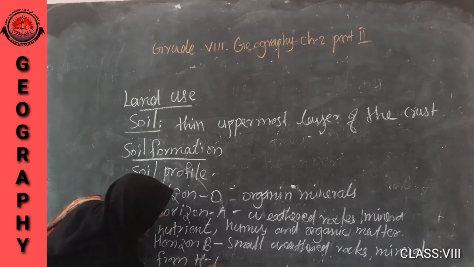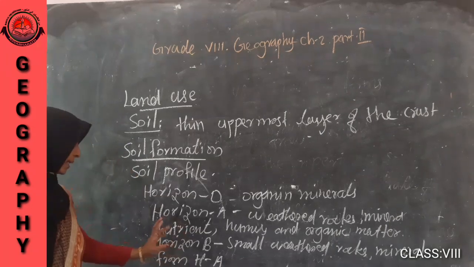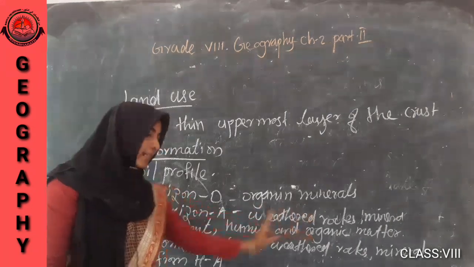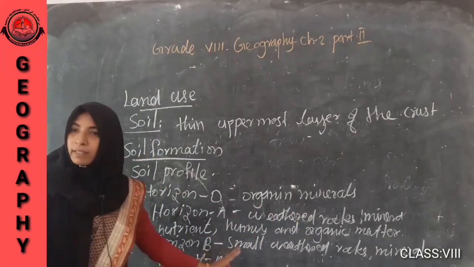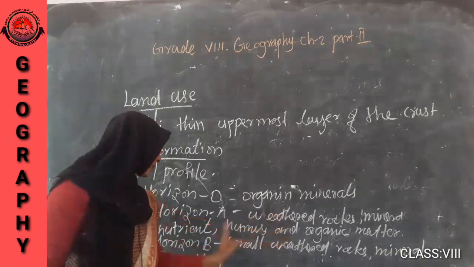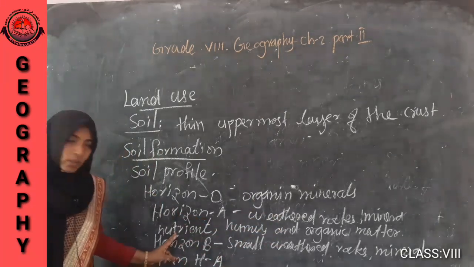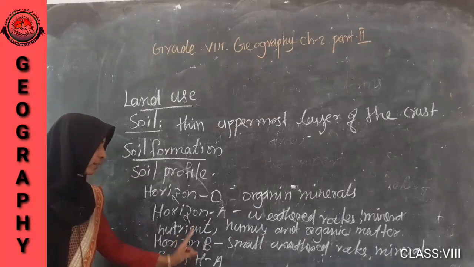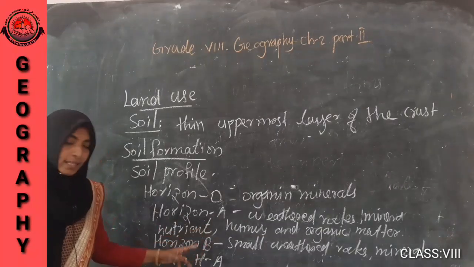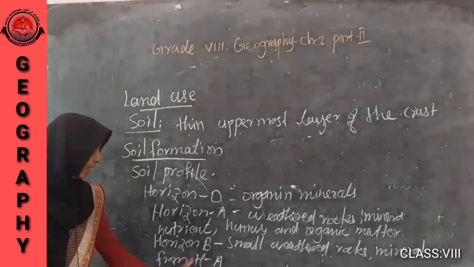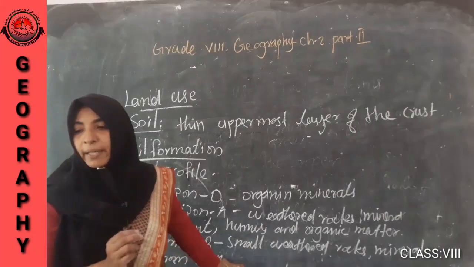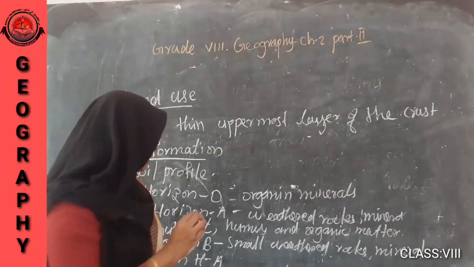Listen, in horizon A weathered rocks are there, but in horizon B small weathered rocks are there. Moreover, mineral nutrients are there in horizon A. What is washed out through leaching, we can find again in horizon B.